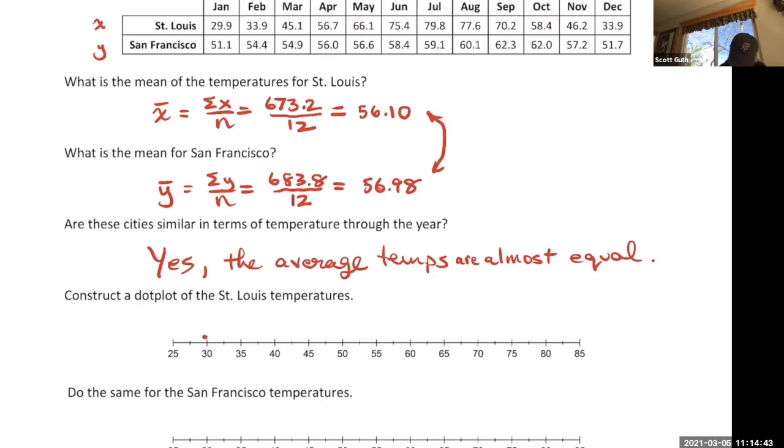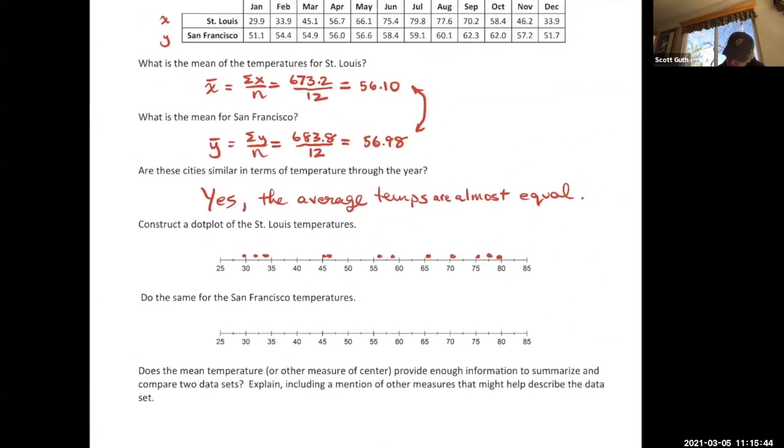We just do it above the graph a little. 33.9, 45.1, and so on. Okay, so I've got my dot plot for St. Louis.